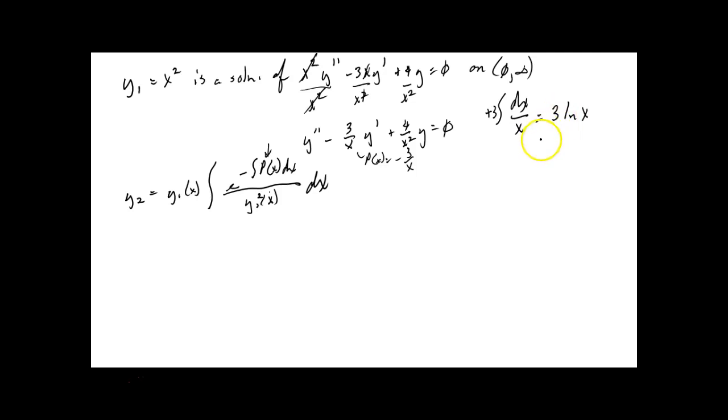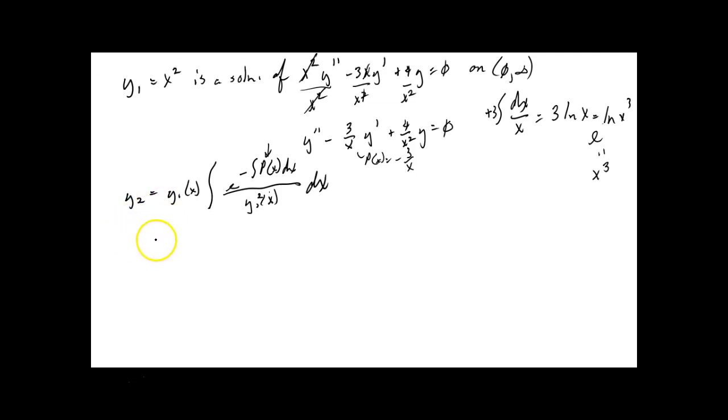We raise that to the e power. So before we do that, let's write this as log of x cubed, and then raise that to the e power, and e to the log x cubed is just simply x cubed, because e undoes the log. Okay? So what do we have now?